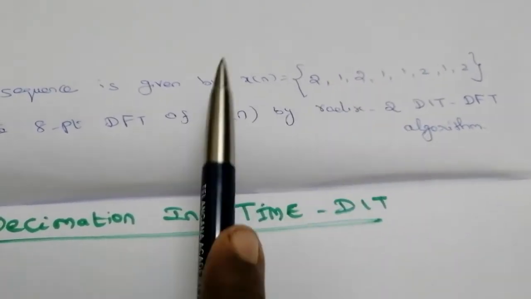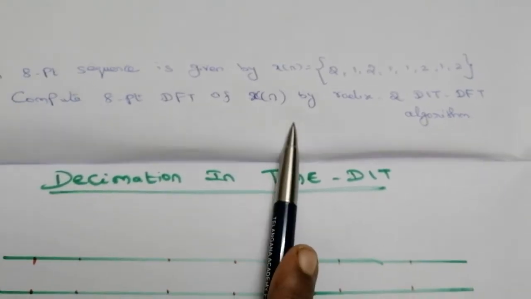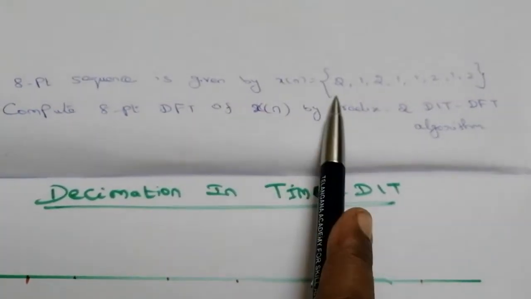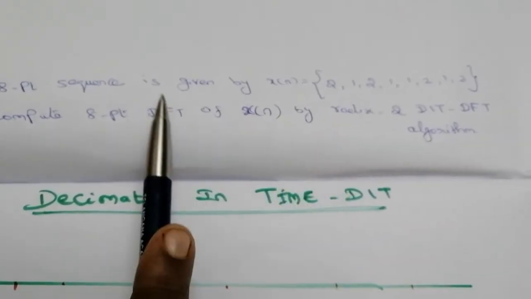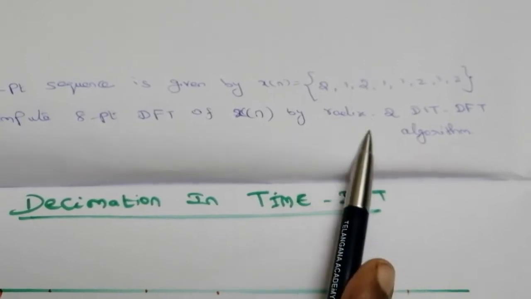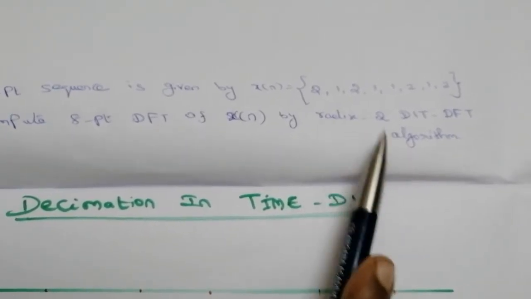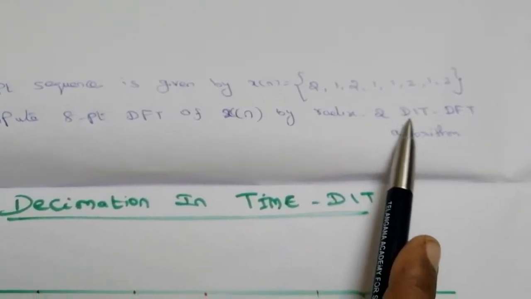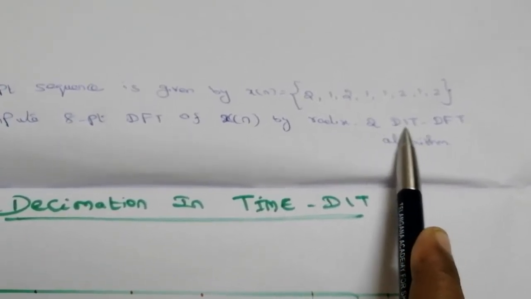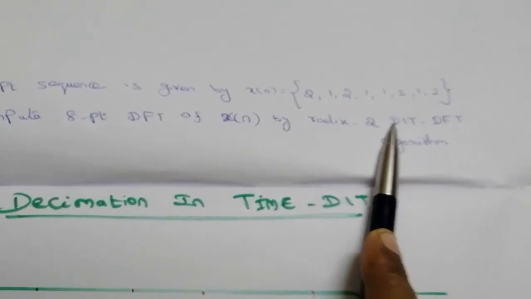So in this problem, we are going to find the DFT of the sequence. The answer of this problem is similar to finding the DFT, but the method is different. Here we are using the FFT method, that is the butterfly diagram, with the help of the DIT algorithm. DIT means decimation in time algorithm, right?